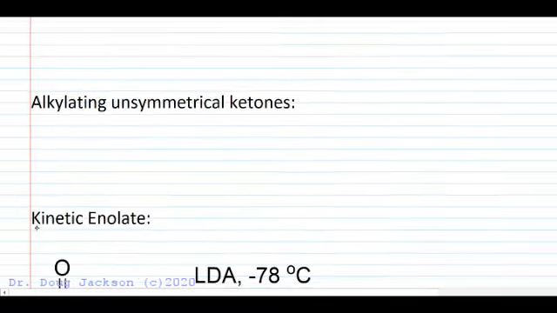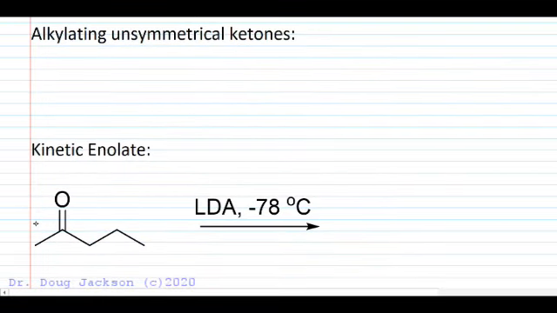All right, so if we're alkylating an unsymmetrical ketone, what we want to see is the formation of either a kinetic or thermodynamic enolate. With ketones, there are two alpha positions. One's here, one's here, and they're obviously different from one another. There's a carbon that's a CH3, a carbon that's a CH2.